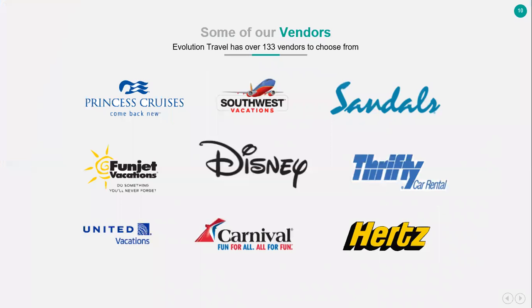Now, the important thing about this business, of course, is when you book travel for your clients. You want to emphasize here some of the travel vendors. There are over 133 travel vendors, but these are the big boys in the industry. If you look at Princess Cruises, Southwest Vacations, Fun Jet, Disney, and Carnival, these are all the big boys in the travel industry.